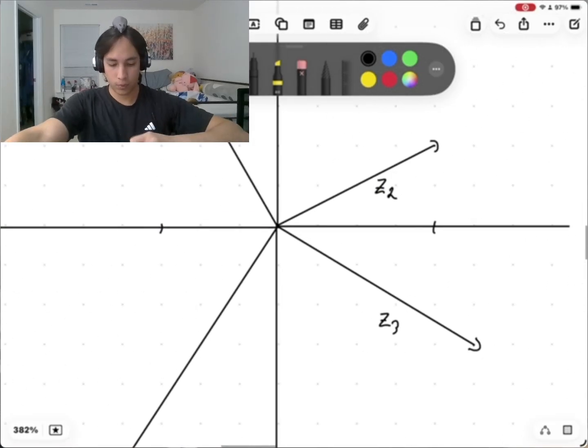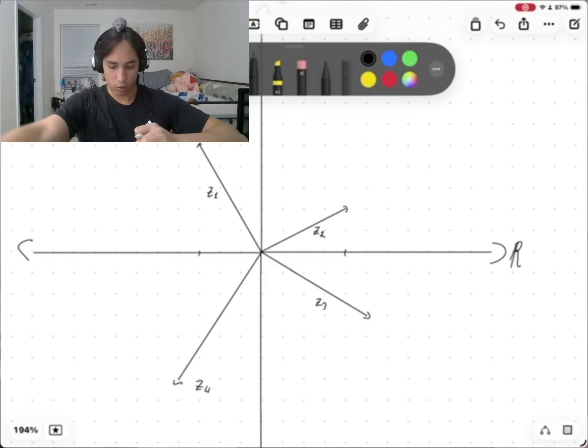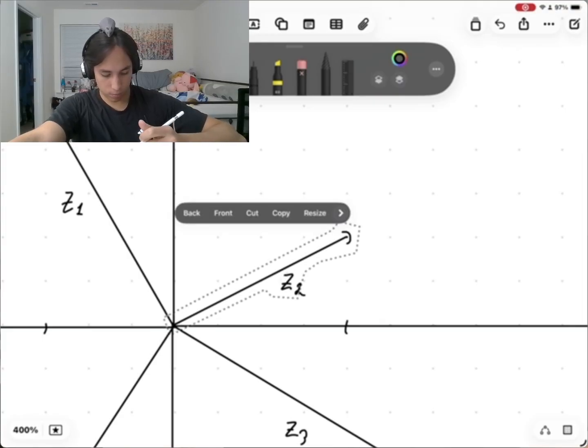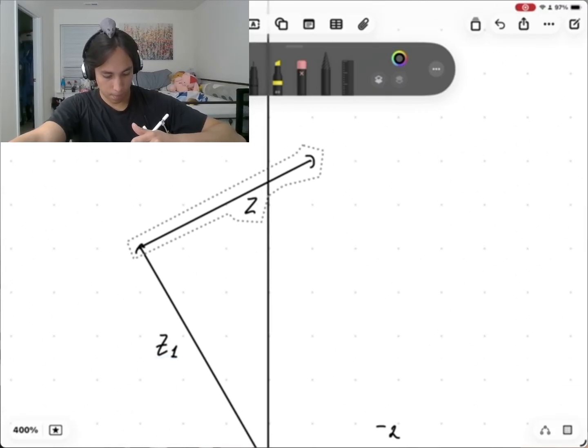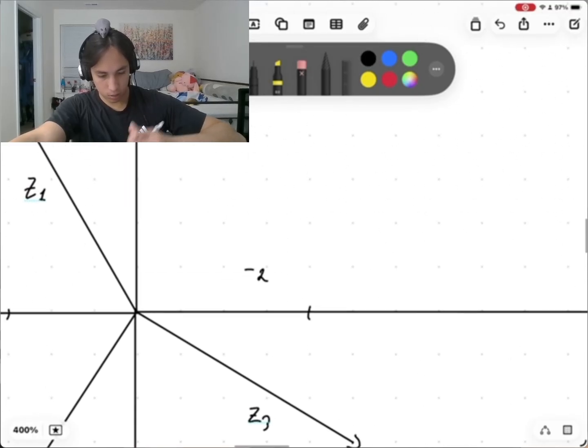All right, so let's get to adding. It's the same process. Z2. Not gonna copy it. Z2, tip to base. There we go.